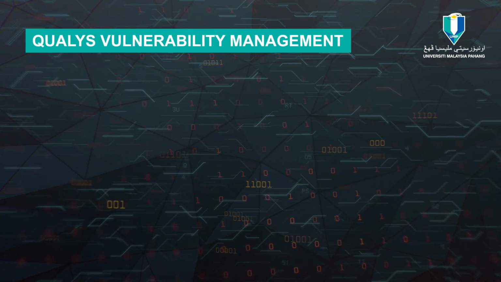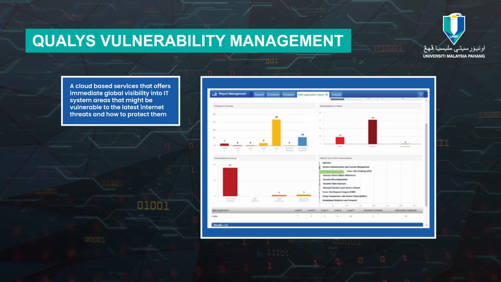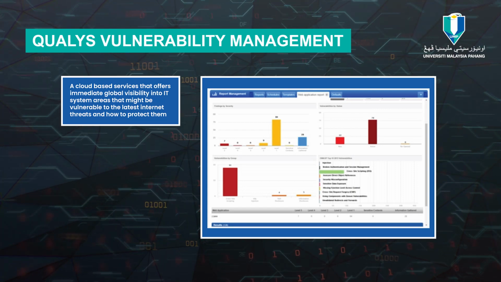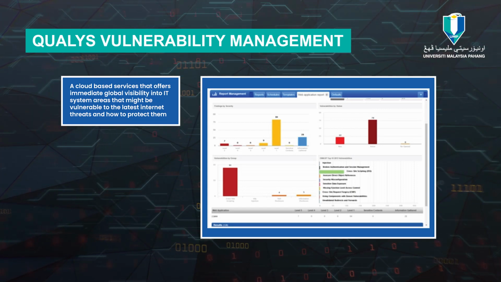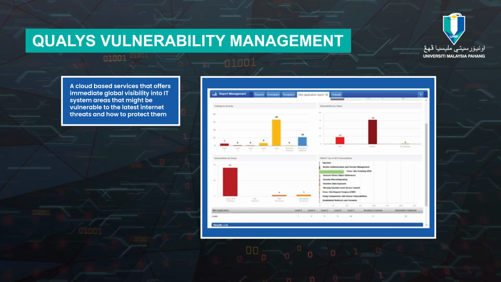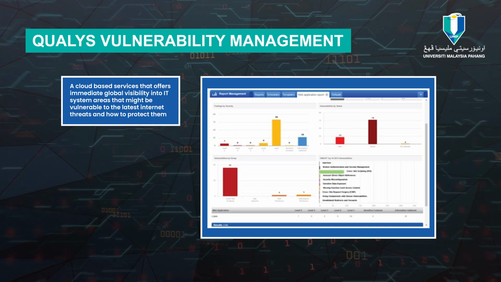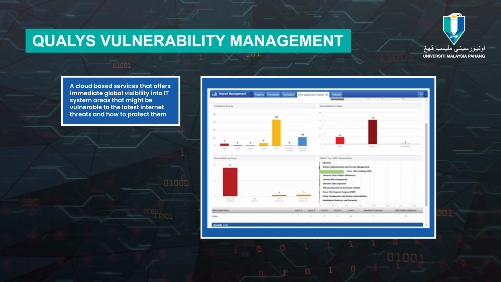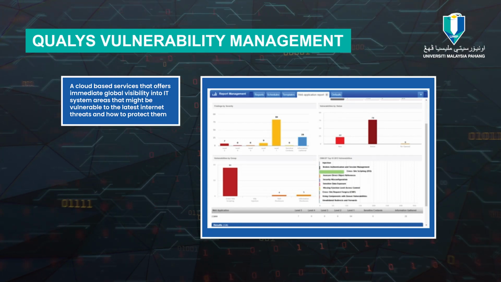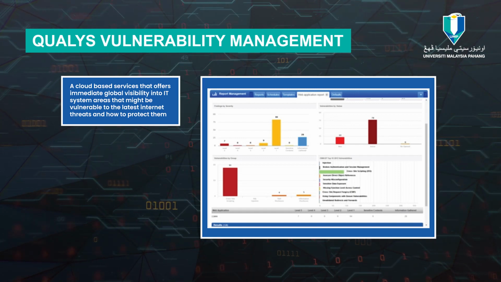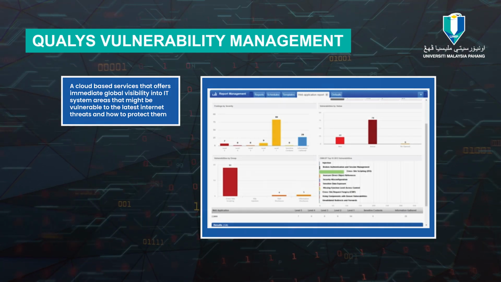Vulnerability assessment tools. Qualys Vulnerability Management is a cloud-based service that offers immediate global visibility into IT system areas that might be vulnerable to the latest internet threats and how to protect them. It aids in the continuous identification of threats and monitoring of unexpected changes in the network before they become breaches. This is an example of Qualys Vulnerability Management.